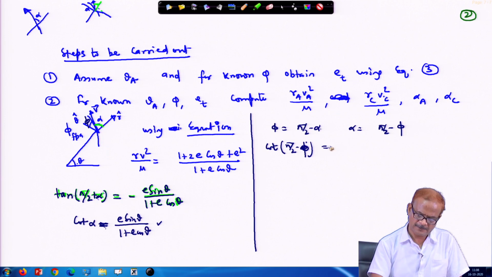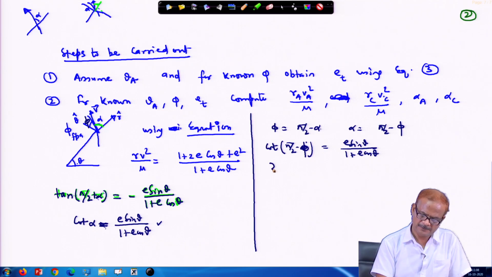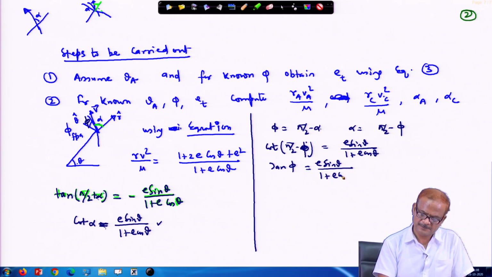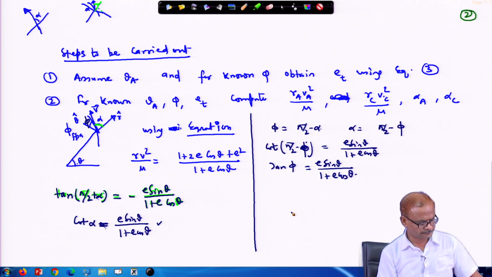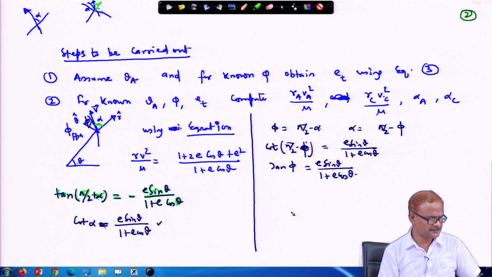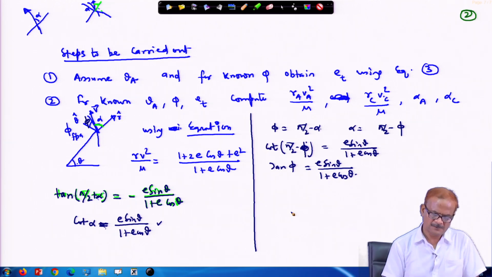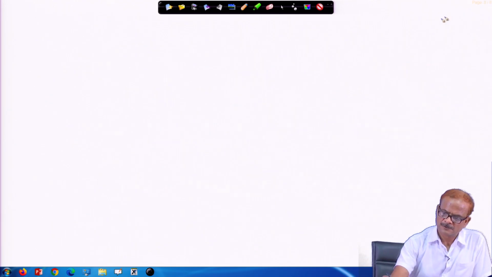Pi by 2 minus phi equal to E sin theta divided by 1 plus E cos theta, or equally we can write here tan phi as we have written earlier. So, this equation needs to be used whenever required. Rest, r dot and other things I have already written. Okay. So, this is step number 2.